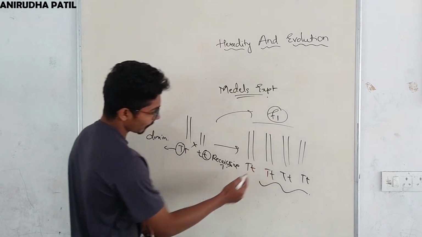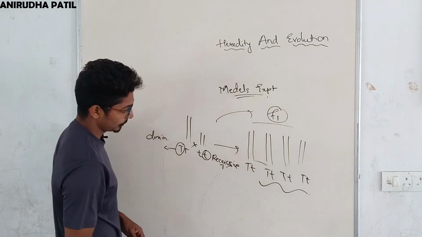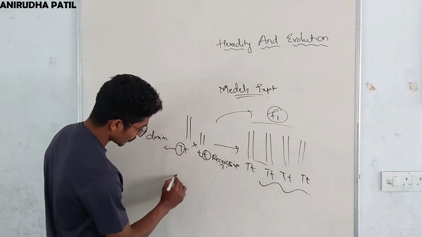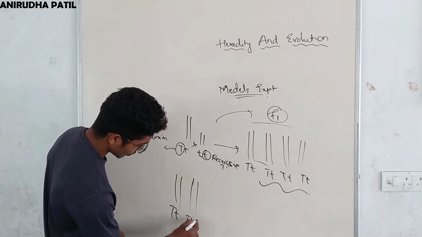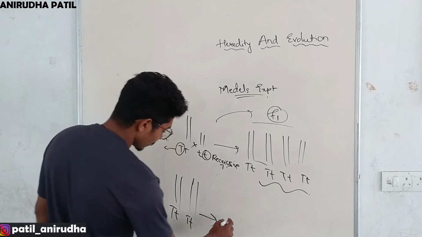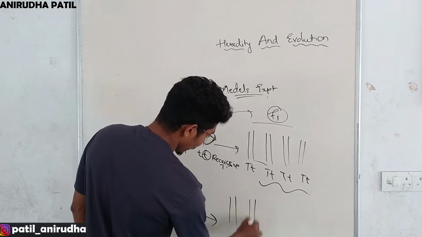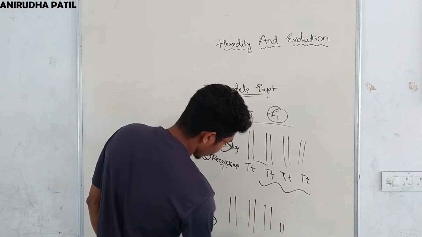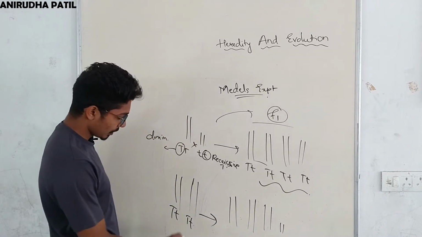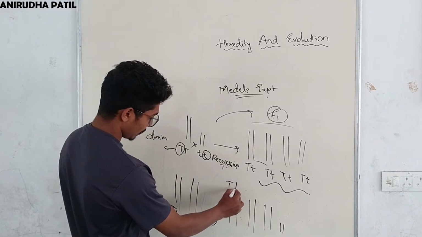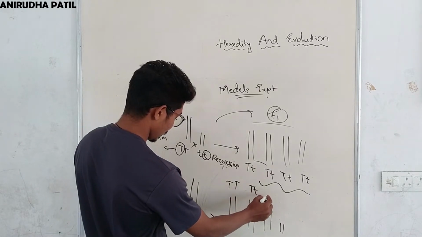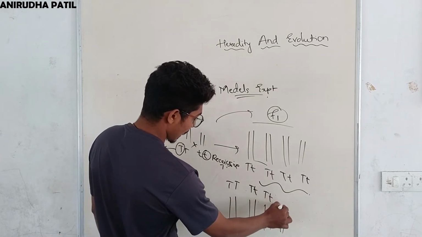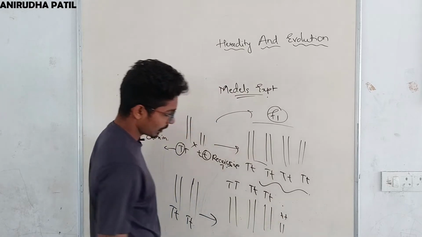Now he took two tall plants again, and he cross pollinated them. Now the result was 3 tall plants and 1 short plant. Okay, so this was TT, Tt, Tt and tt.